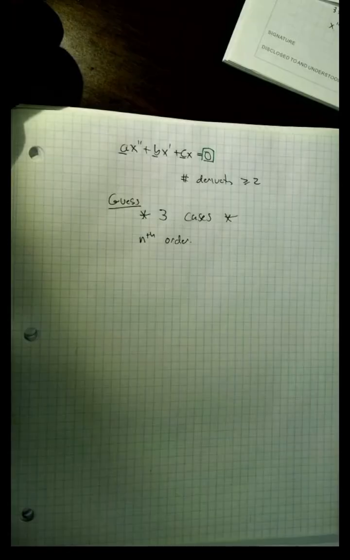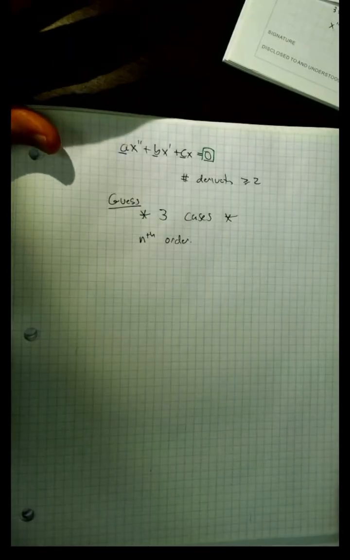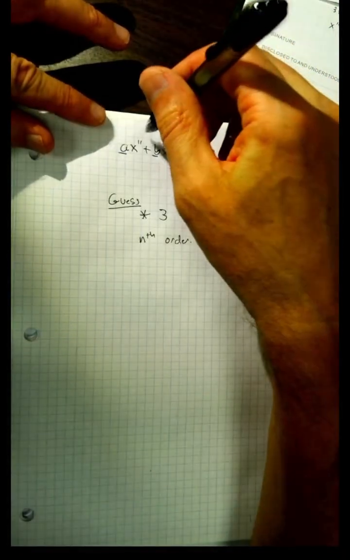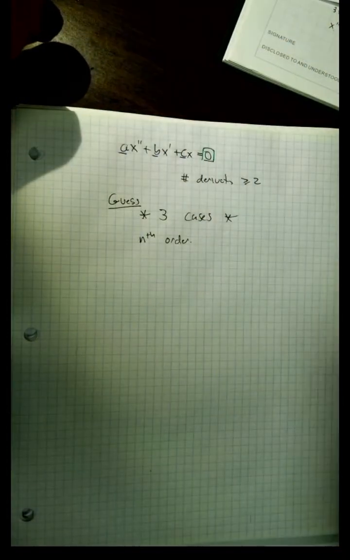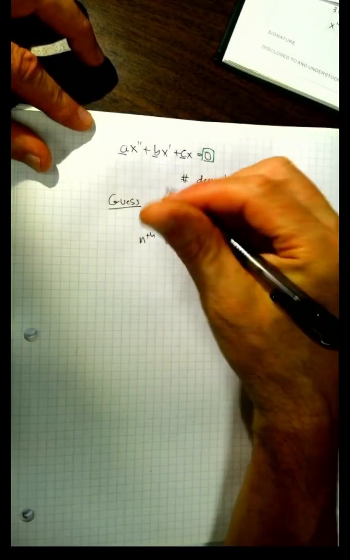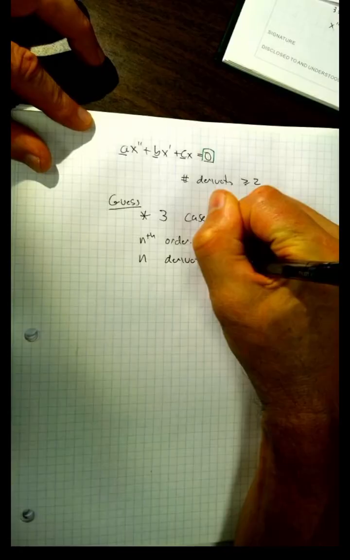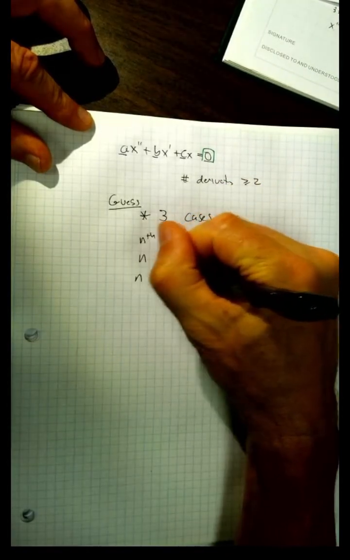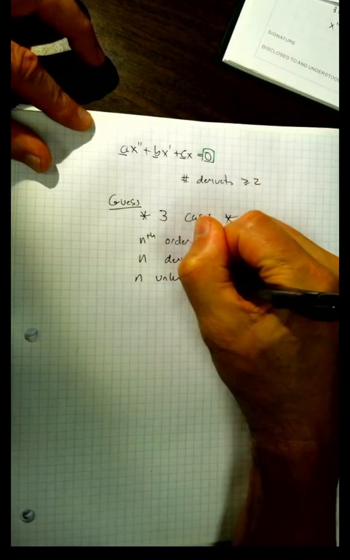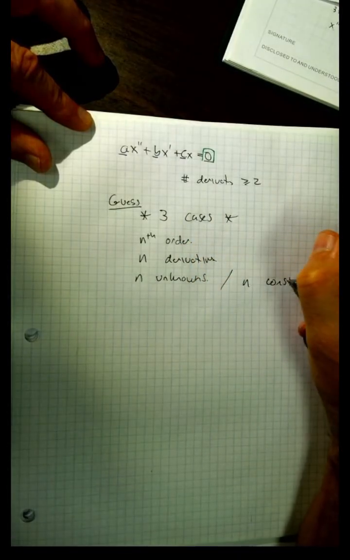In particular, we're going to not just focus on second order, but also third, fourth, and higher order equations. So if we have n derivatives, to undo that, you can think about taking n antiderivatives. We're going to have n unknowns, or n constants.